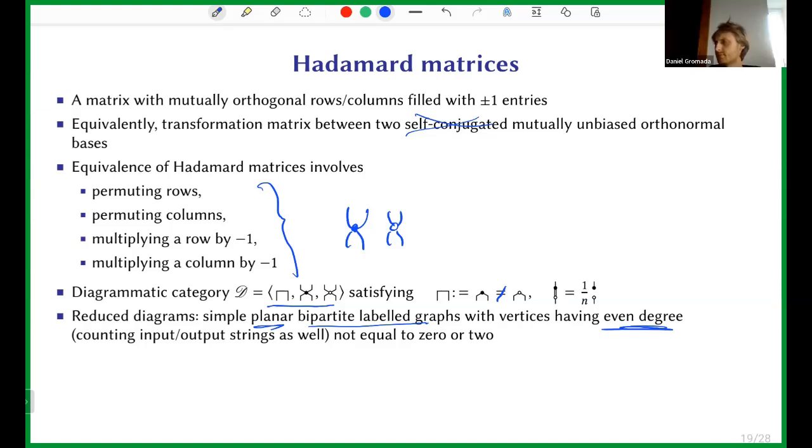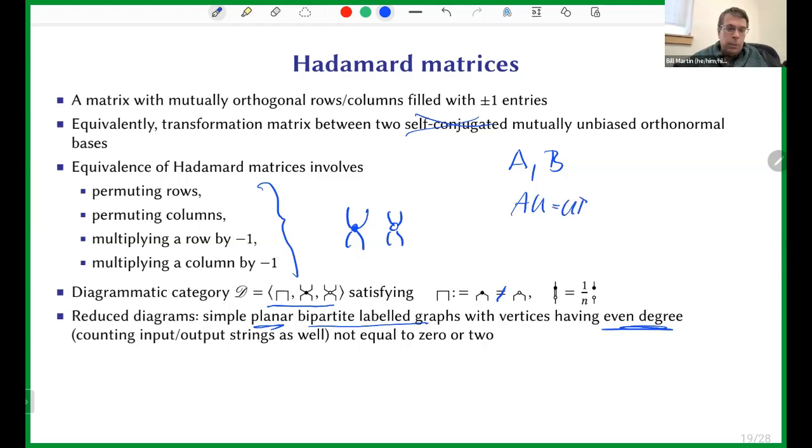I mean, okay, so you're saying that you'd have UAU dagger equals B. This is what similar unitary matrices satisfy, but maybe some non-similar matrices would have that equation hold true when U is allowed to be a quantum matrix, an element of the quantum unitary group.